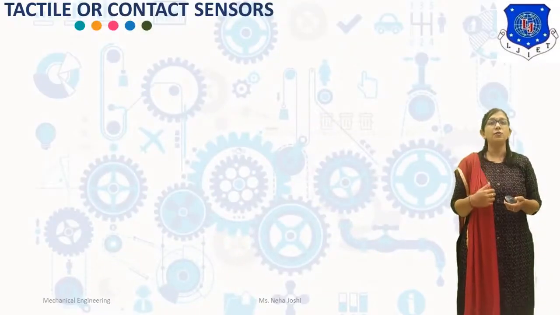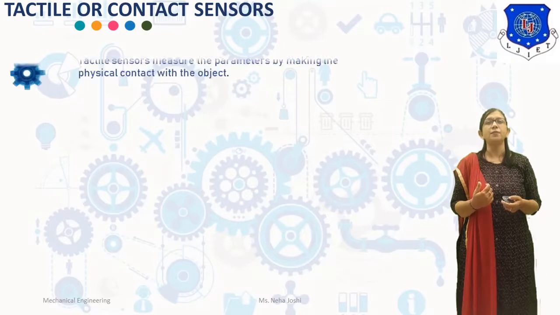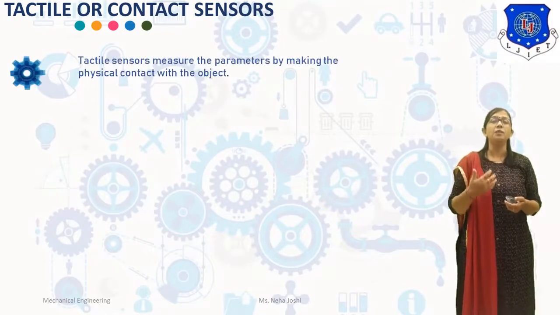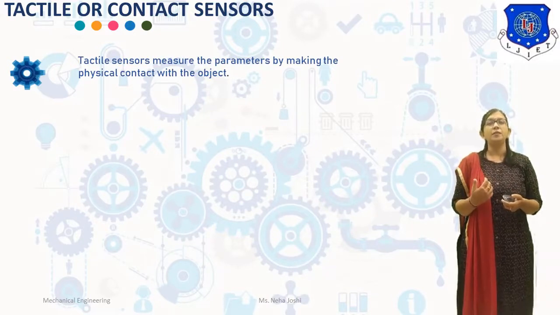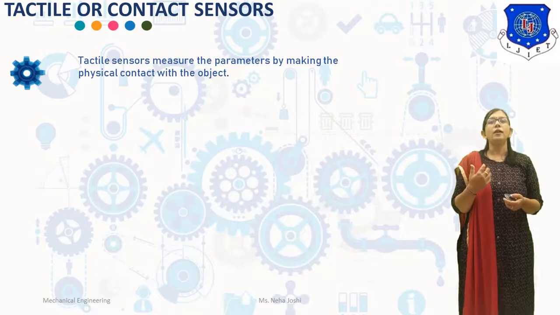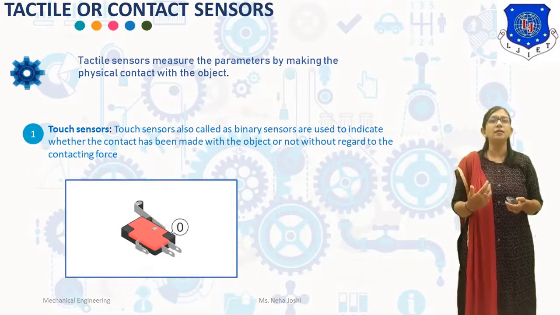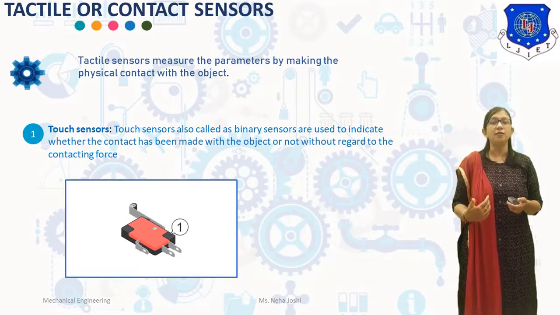Now, first of all, we will discuss tactile or contact sensors. Tactile sensors measure parameters by making physical contact with the object. As we discussed earlier, contact sensors are divided into three categories: touch sensors, force sensors, and position and displacement sensors.